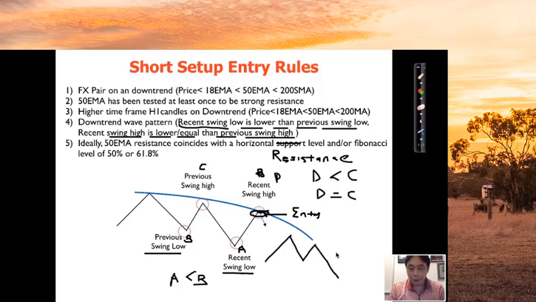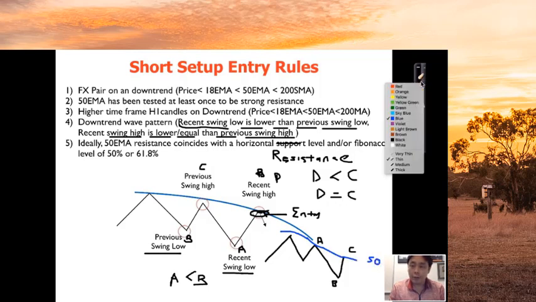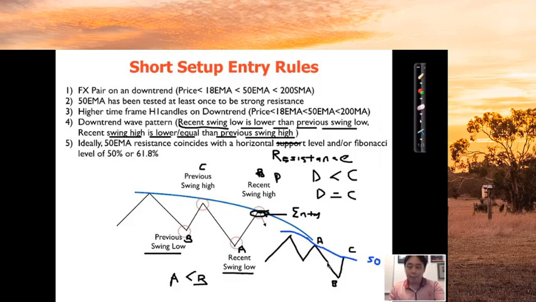Remember that on a downtrend, the impulse wave is going down, A to B, right? And then it goes to C. So C is our top of the retracement. Imagine this is the 50 moving average here. If we retrace A, B, C, and C is at the 50% or the 61.8% Fibonacci level, and that coincides with the 50 moving average, that is additional confluence.